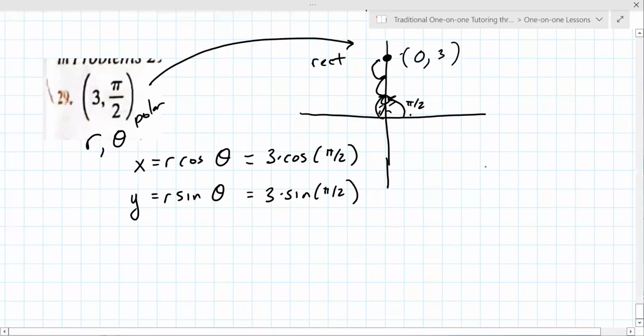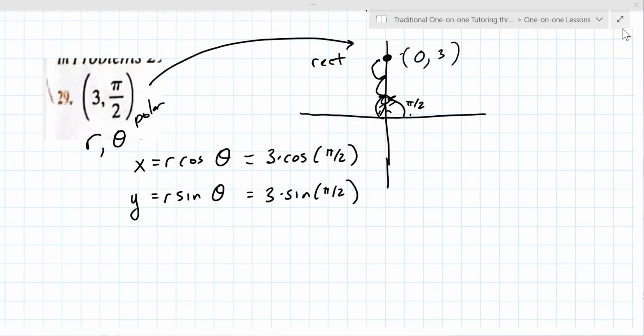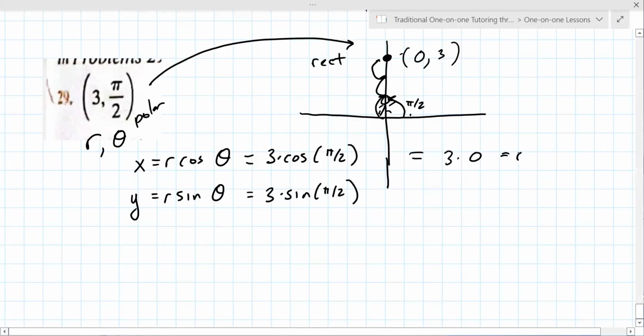On your unit circle, can you tell me the cosine of pi over 2? On the unit circle itself, cosine would be 0. Yeah. So it's 3 times 0, which is 0, which is what we expected.